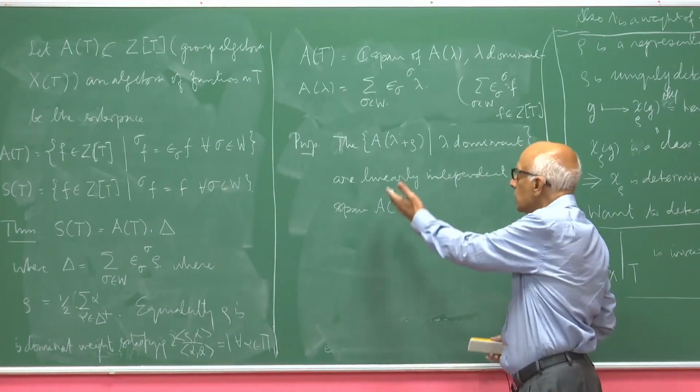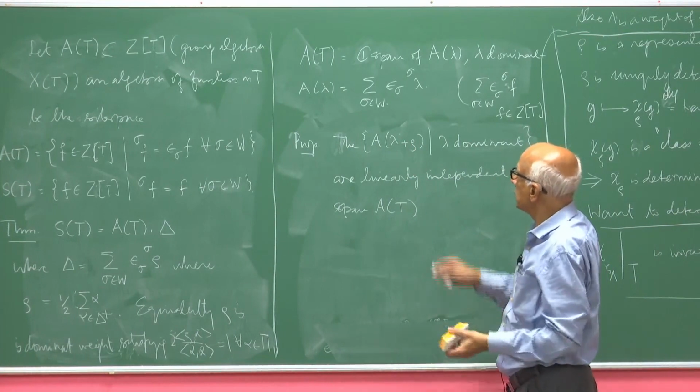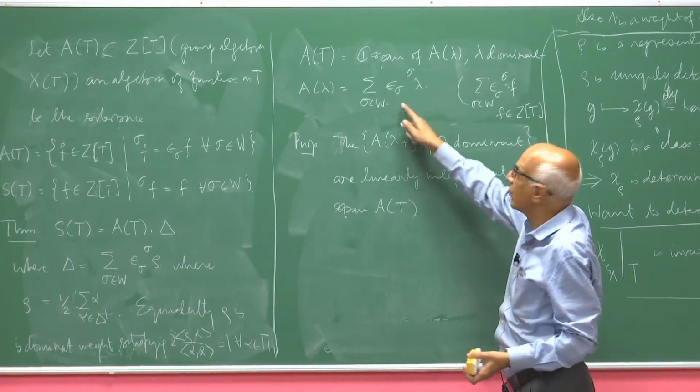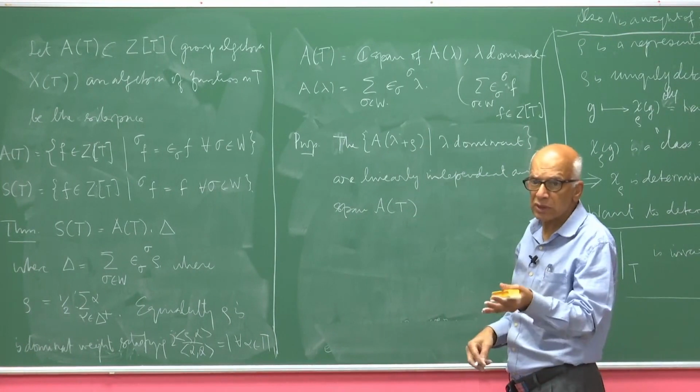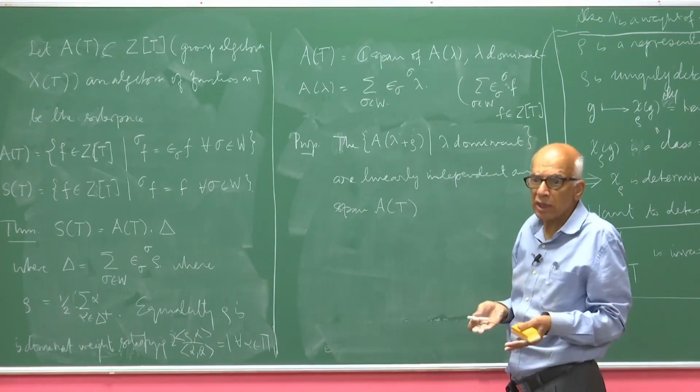Every element which is alternating with respect to the Weyl group is necessarily an average like this. If you start with something which is alternating and you average that, you get it back.